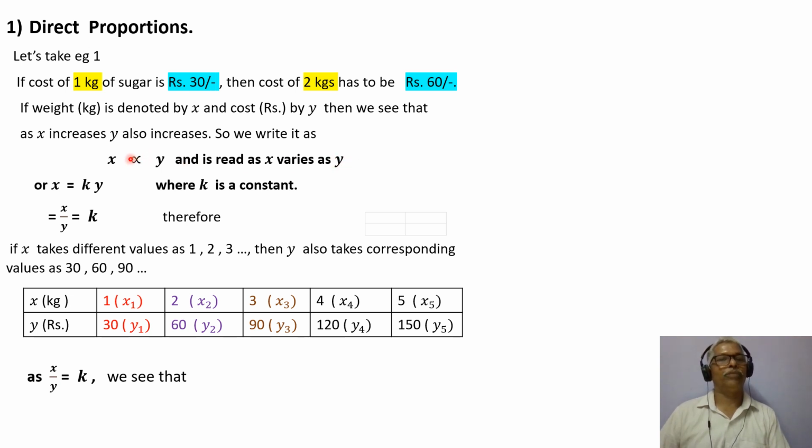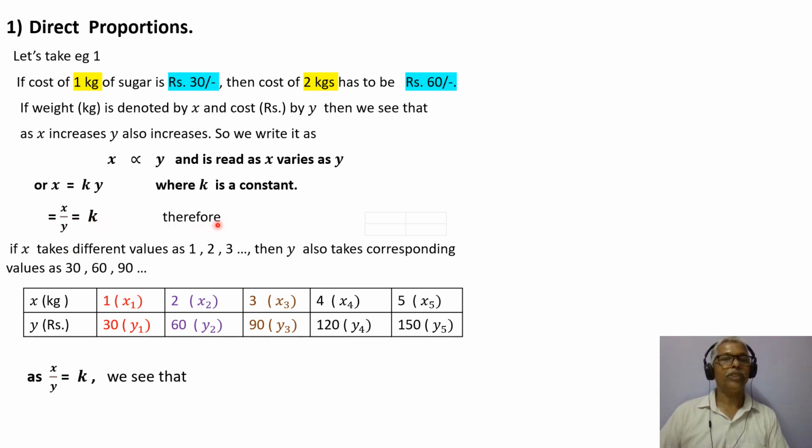So this symbol means varies as. So whenever you come across such an expression, read it as x varies as y, and we have to introduce an equal to sign, and it is introduced like this. We take x is equal to some constant k into y, where k is a constant, or if we cross multiply here, x upon y is constant.